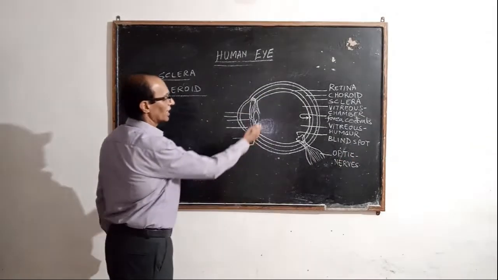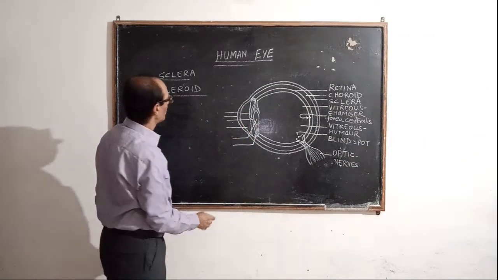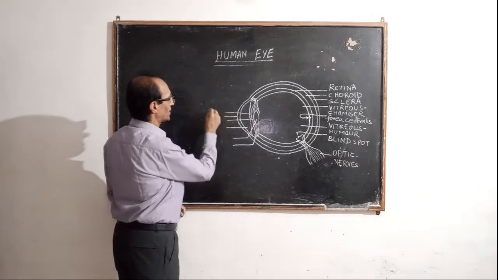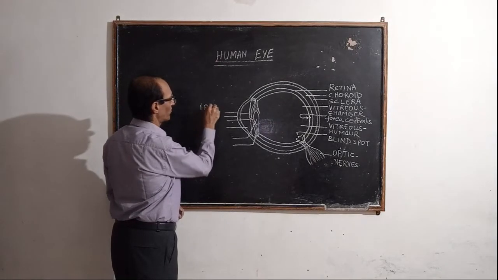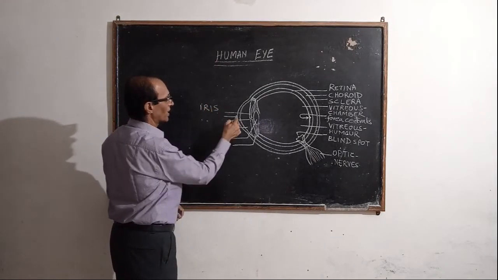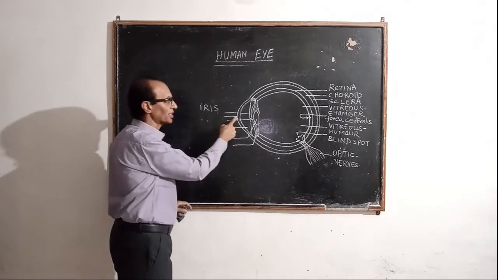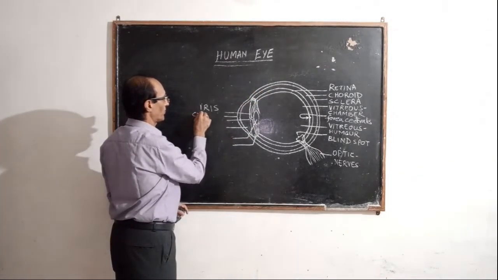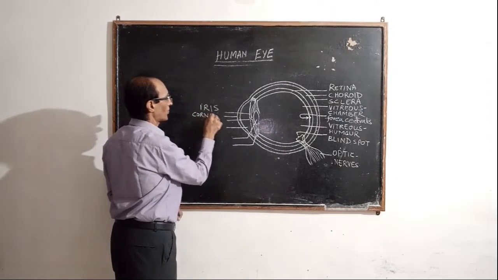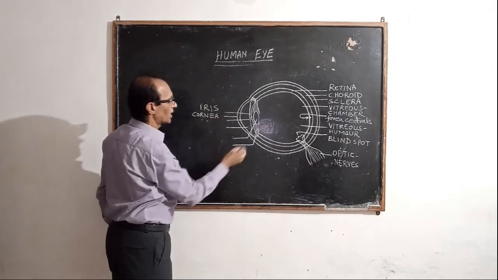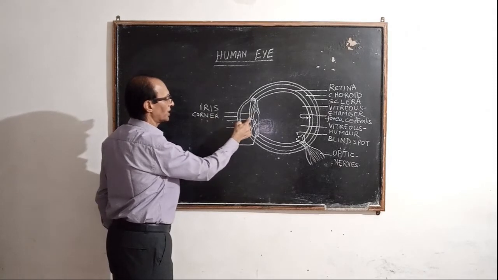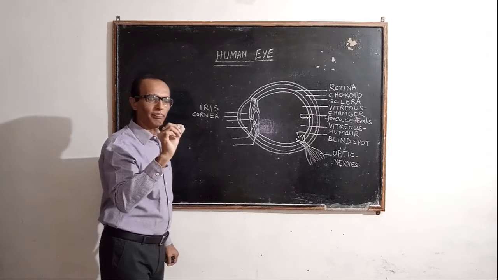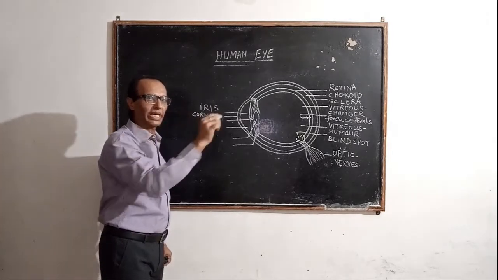Now, coming to the other side, on the left hand side, the portion right here on the top, that is iris, I-R-I-S. This second portion, the extension of the sclera, is called cornea. In this iris, there is that small hole-like structure that allows the light to enter.